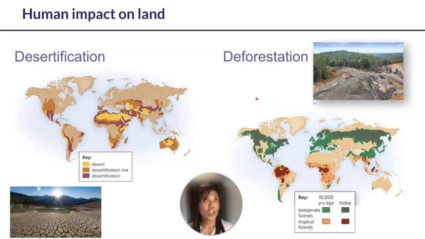So humans will use a lot of this land to raise different farm animals, and when humans allow animals to overgraze the land, oftentimes it will lead to desertification. So desertification is pretty much the converting of areas that are semi-arid.